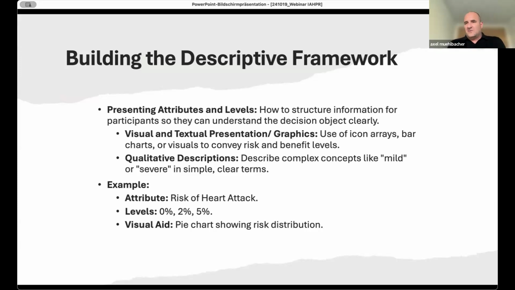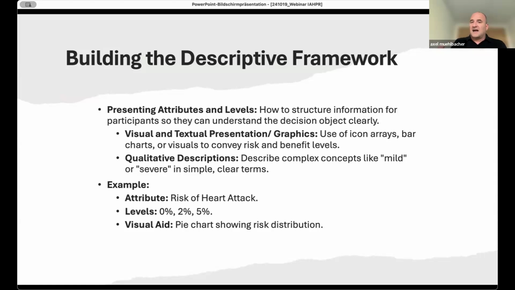The descriptive framework can be understood as a table, a short description of the different pillars or necessary information you need for the decision model. So it often presents the attributes and levels, and the description and definition of these attributes and levels and how they're being used within the HPR study.